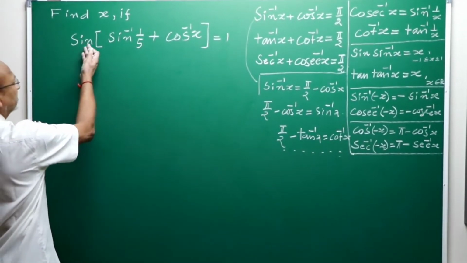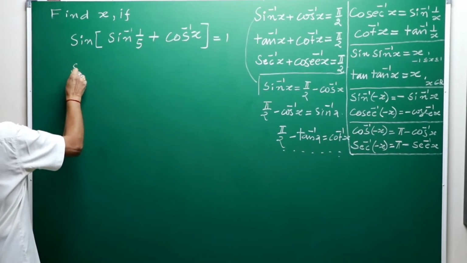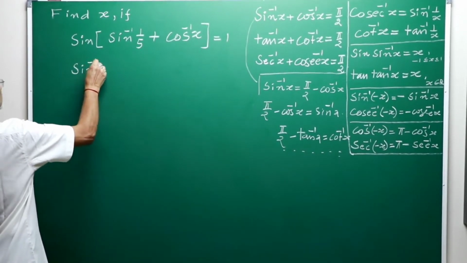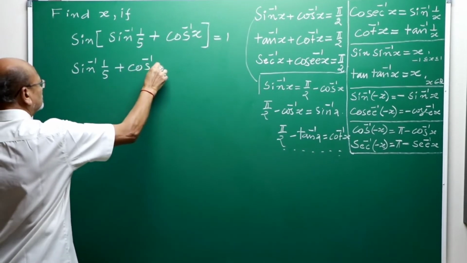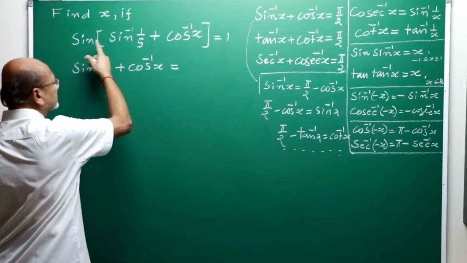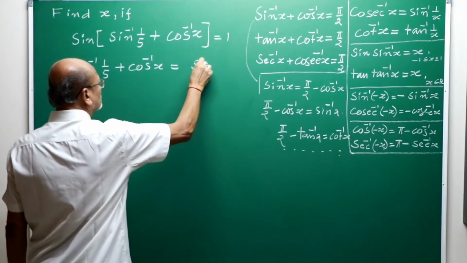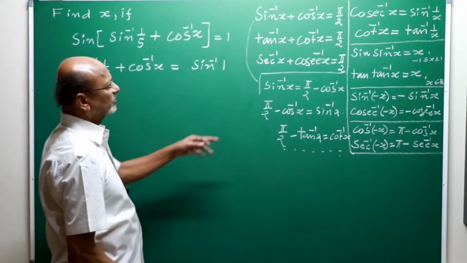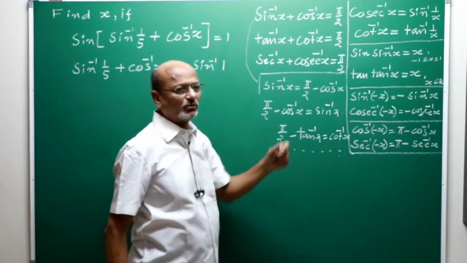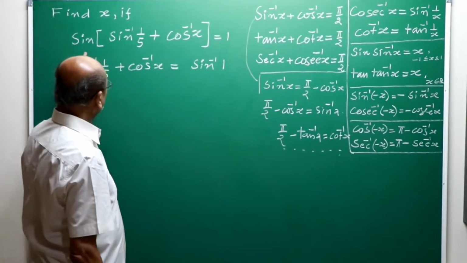My friends, you send this sine to that side, you get it as what? Sin inverse 1 by 5 plus cos inverse x equal to, taking this sine this side, it becomes sin inverse 1. My friend, instead of pi by 2, they arrange like this. They give sine here.